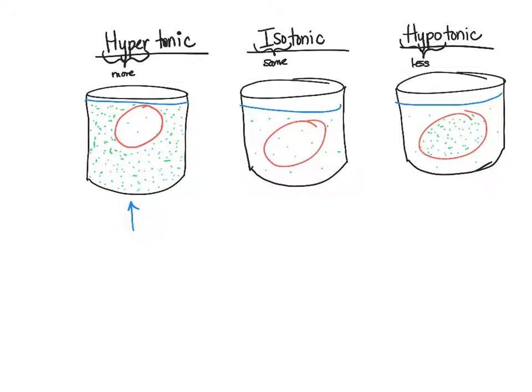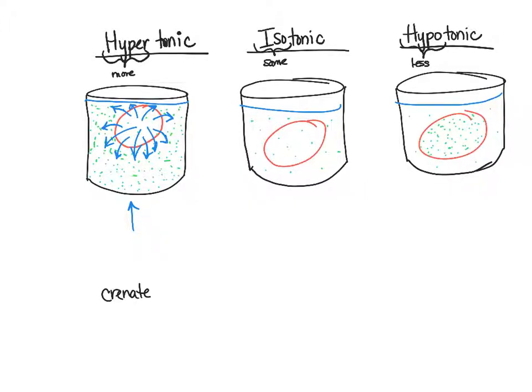So remember that water moves to or toward areas of high solute concentration. So what we would see then is lots of water movement out of the cell. Our water is going to be leaving the cell and trying to dilute the contents of the solution. And when we place a blood cell in a hypertonic solution, we are going to lose so much water out of the cell that it actually crenates.